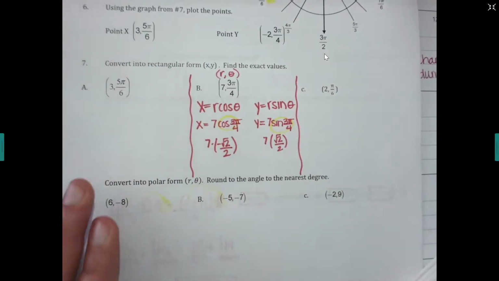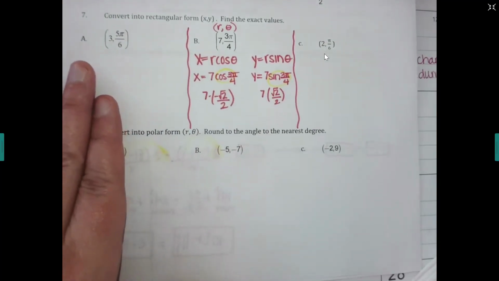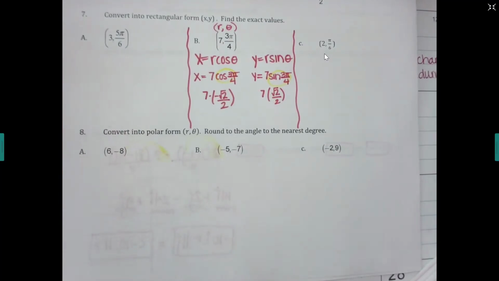Then from here, what you would normally do is whatever this number is, you would divide it by 2. Can 7 divide evenly by 2 though? No. So in this case, I would just leave it as a fraction. If you want to divide the 7 by 2 and put it as 3.5, that's fine.